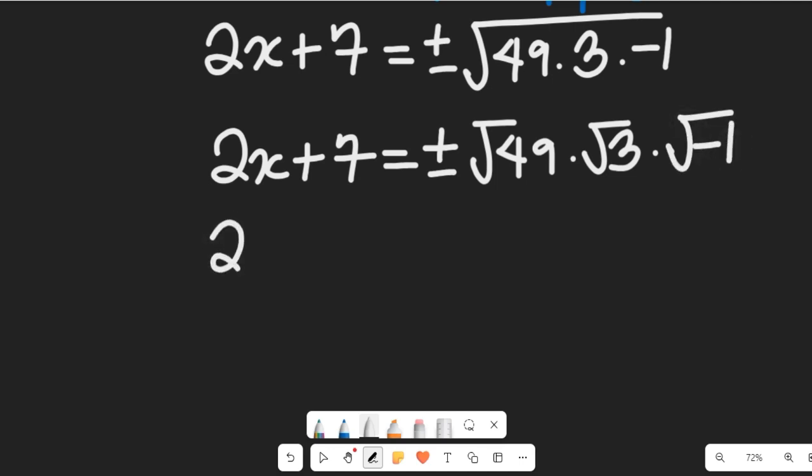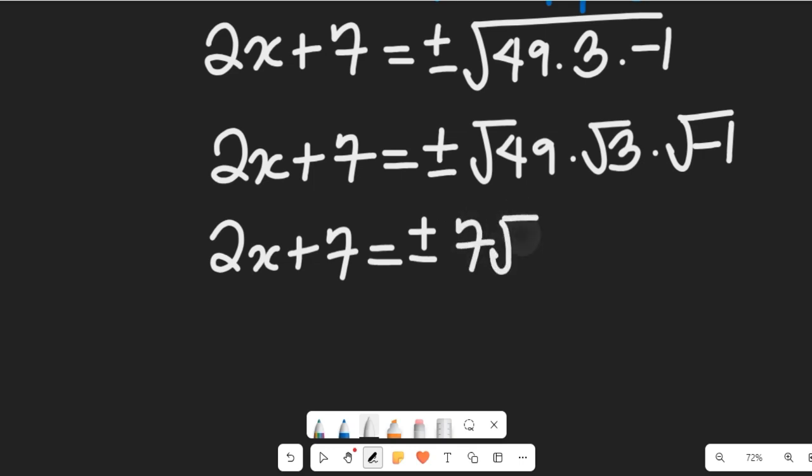So my 2x plus 7 can be equal to plus or minus the square root of 49, which gives me 7 root 3, and the square root of negative 1 gives me j.